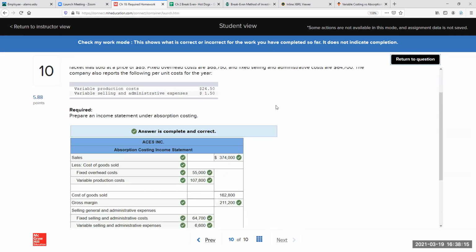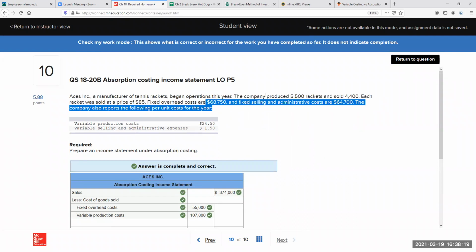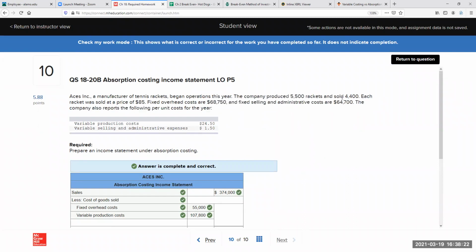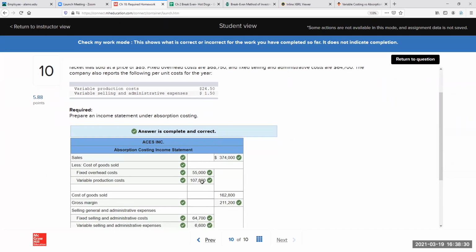So what they wanted me to do with this fixed overhead is for producing this many rackets, and then multiply by 4,400. So my fixed overhead divided by what I produced, times what I actually sold. It wanted the variable cost per what I sold, but you had to divide that one.